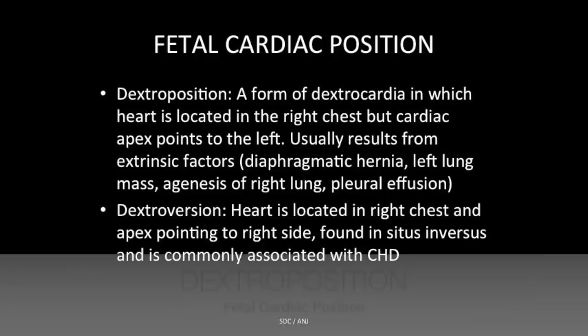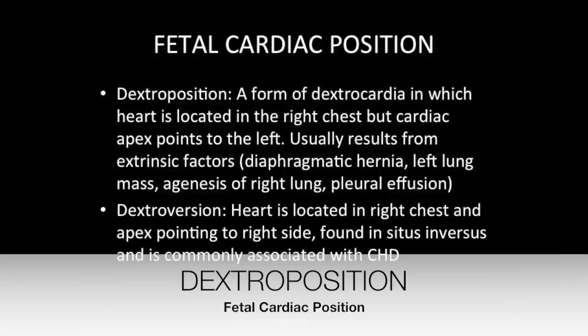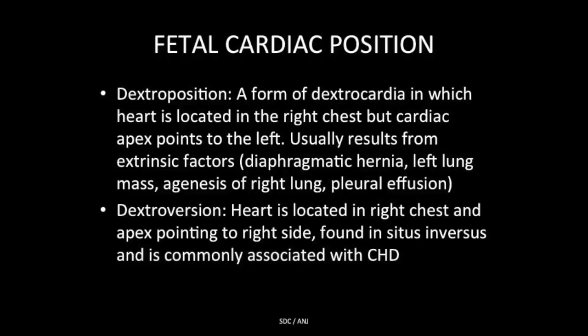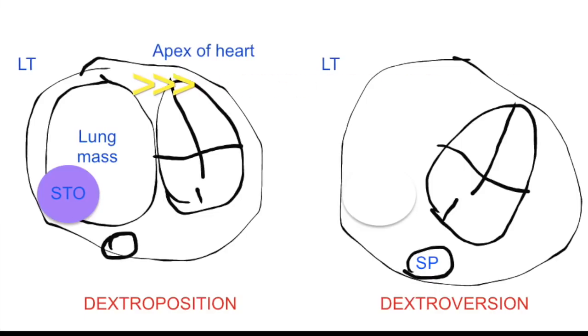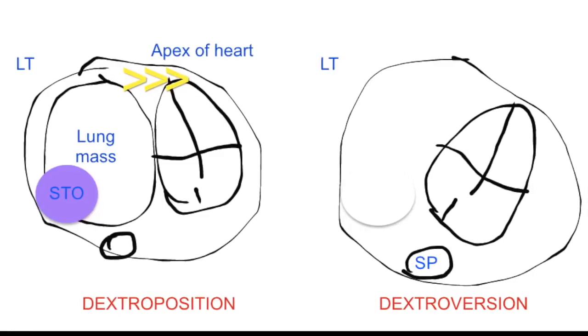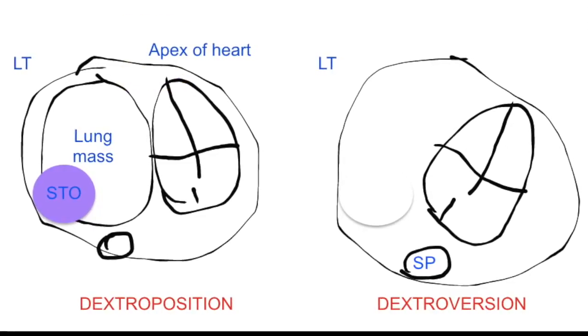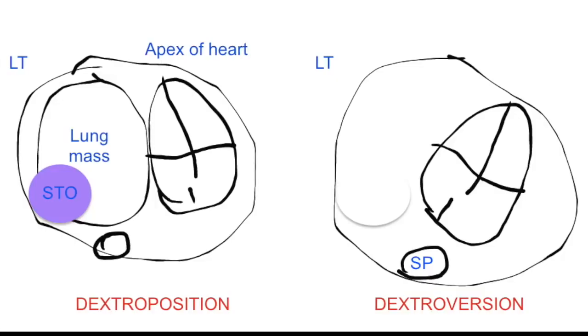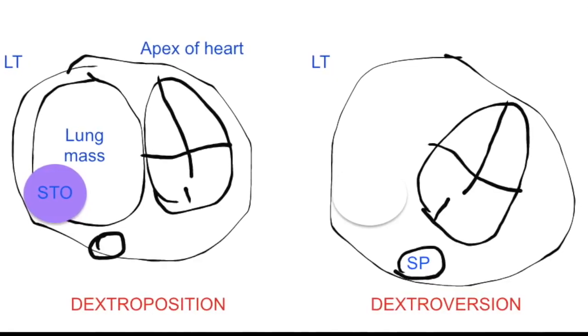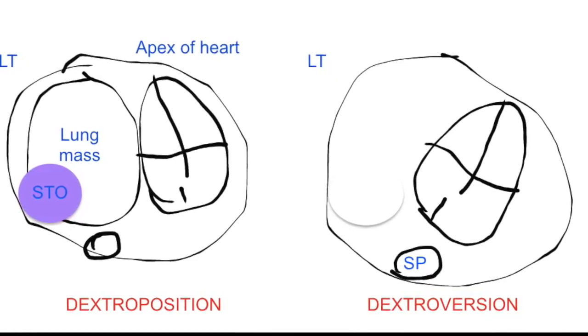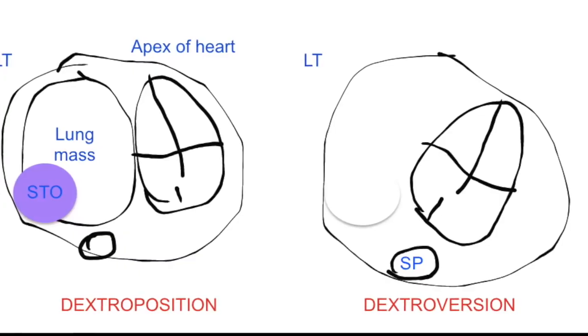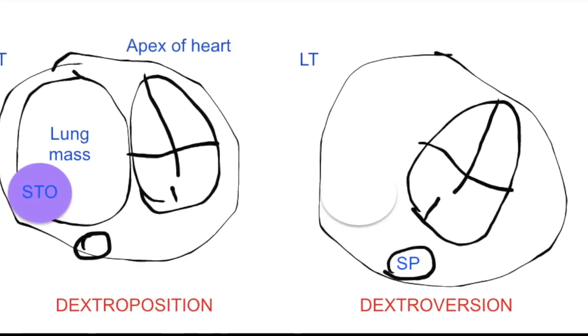There is something called dextroposition, where the heart is located in the right chest but the cardiac apex points to the left. This usually results from extrinsic factors like diaphragmatic hernia, left lung mass, agenesis of right lung, pleural effusion, etc. This is just the pushing of the heart to one side.